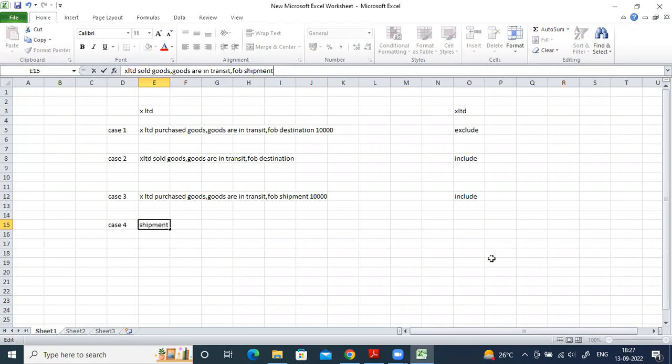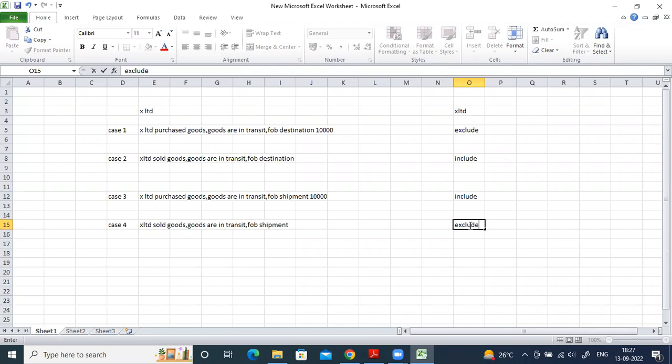Now it is X Limited sold the goods. Include or exclude? Exclude, sir, because we sold the goods and they have not reached the customer. No, no. It is exclude only, correct.